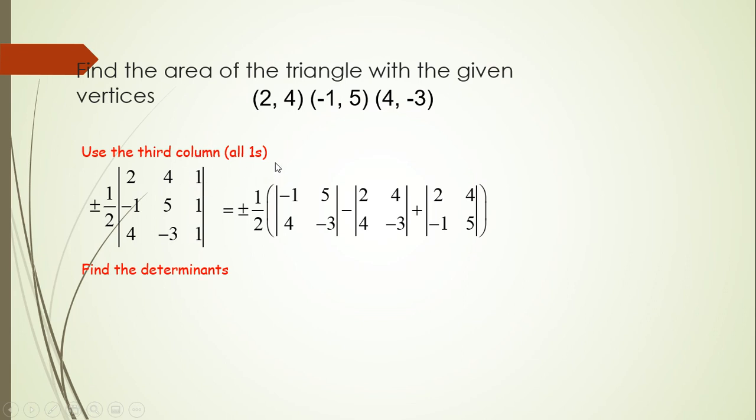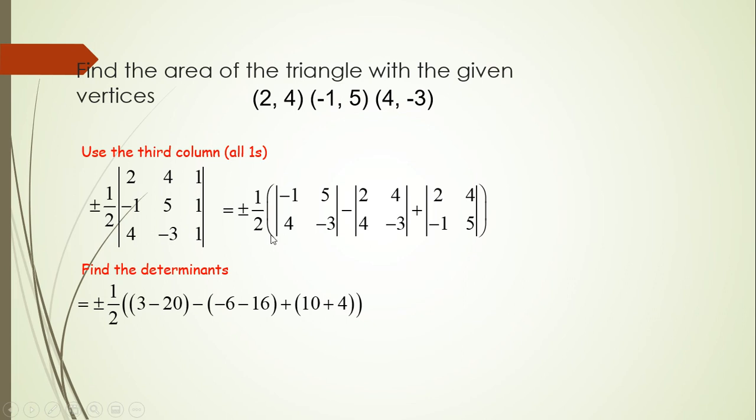Now remember, when I'm finding the determinant of a 3 by 3 matrix, if I'm going to use column 3, it's going to be plus, minus, plus from our cofactors that we learned last lesson. So plus or minus 1/2. Now I'm going to take 1 times the determinant of this little matrix that's left over, -1, 5, 4, -3, minus the second one, which is going to be 2, 4, 4, -3, and then plus 1 of this one, 2, 4, -1, 5.